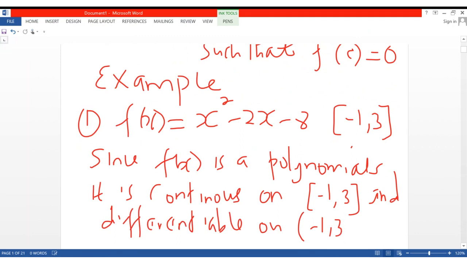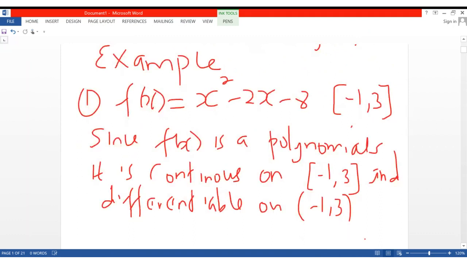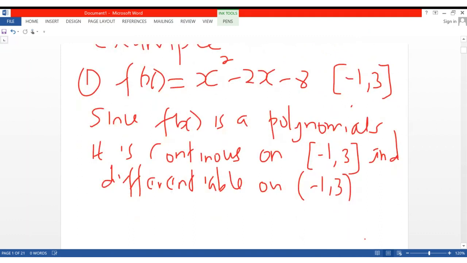So all polynomials, basically, they are continuous and differentiable on a certain interval. Rarely will you find polynomials that are discontinuous. So this function, we can still differentiate it.